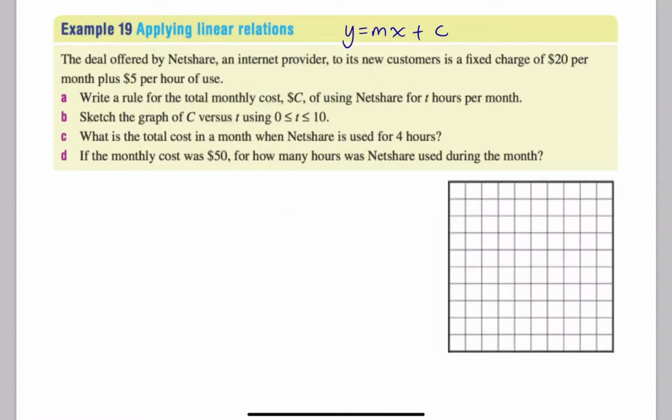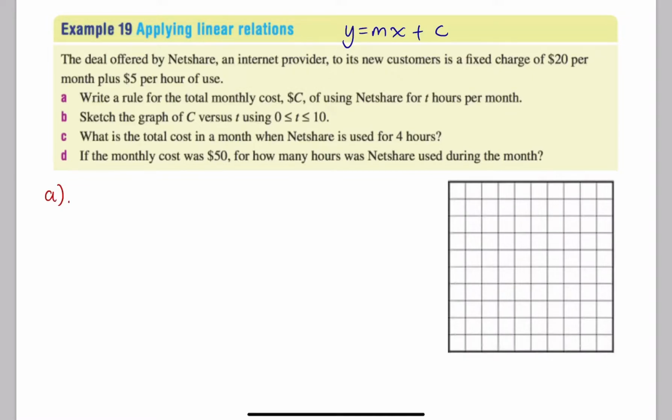Okay, the deal offered by NetShare, an internet provider, to its new customers is a fixed charge of $20 per month plus $5 per hour of use. Question A says, write a rule for the total monthly cost of C dollars of using NetShare for T hours per month.